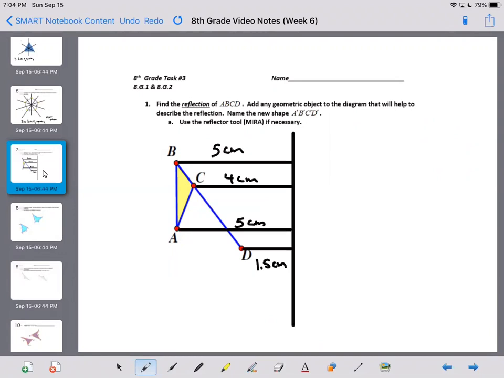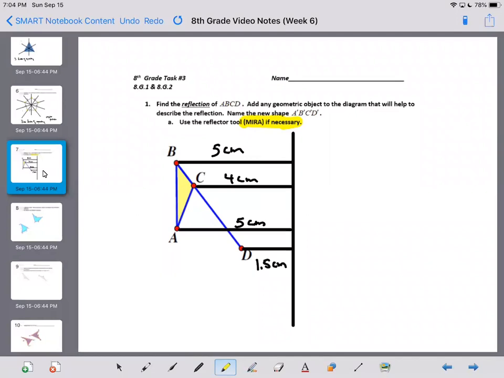So if I'm going to create a reflection, yes, you can use a Mira tool. You can also use patty paper, but you can also use your centimeter ruler or your English ruler. You can use that straight edge to help you determine what this flag ABCD shape is going to look like on the other side.